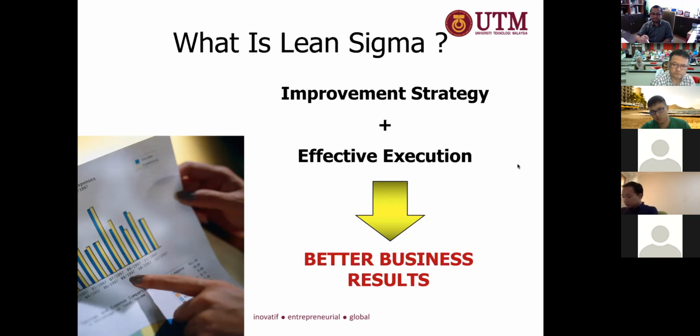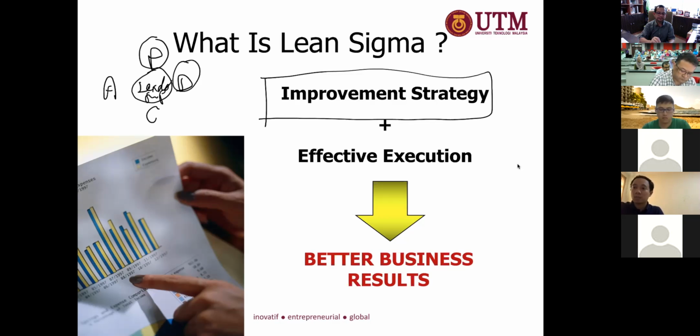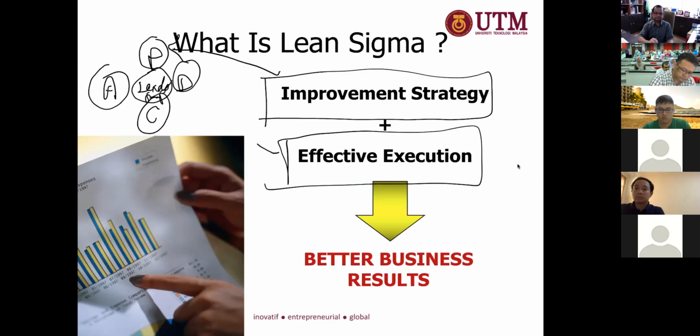Why Lean Six Sigma? It is an improvement strategy. Not just strategy. Remember PDCA, but leadership must be here. Sorry for the bad handwriting. So your strategy you set here, and then you execute.